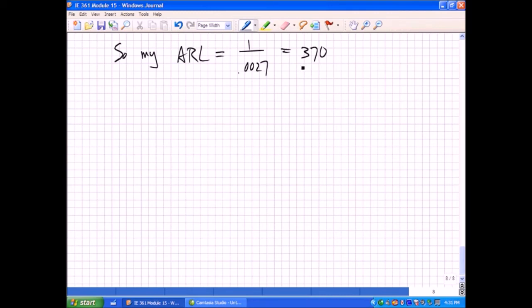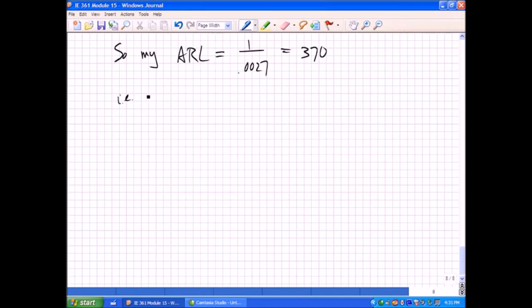Okay, so the question is, what do I make of this? Well, that 370 says that if I set up an X-bar chart, everything is as it should be, and I start doing process monitoring, it's going to be about 370 periods on average before I get a false alarm.